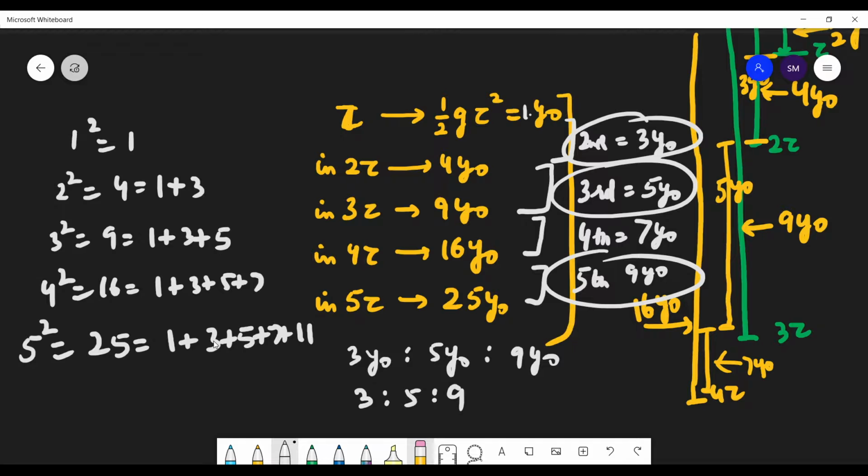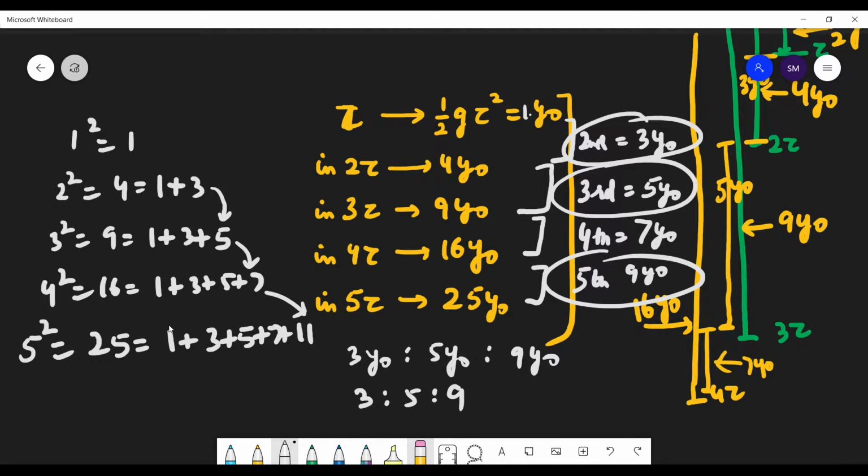So students, that is why the difference means you are actually adding the third odd number to get the third square. You are adding the fourth odd number to get the fourth square. You are adding the fifth odd number to the fourth square, right?